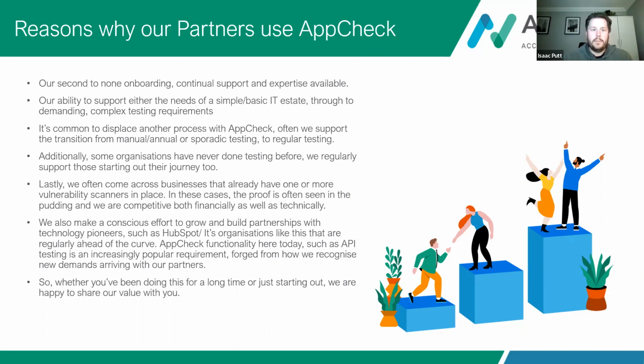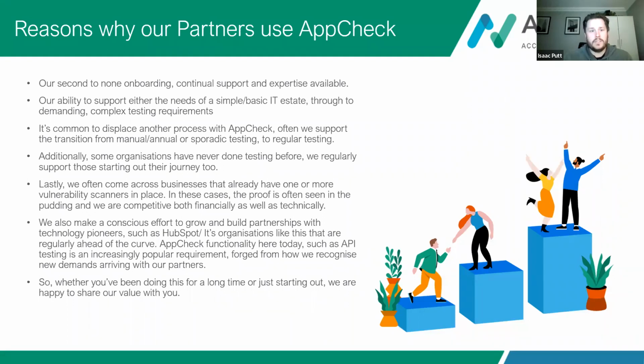But AppCheck has a conscious effort to grow partnerships with organizations that are pioneers in their own industry. HubSpot's a great example of this. It's organizations that we see like HubSpot that are ahead of the curve, and it helps us to direct our attention and have confidence in what we then release to the market, which will be of demand.